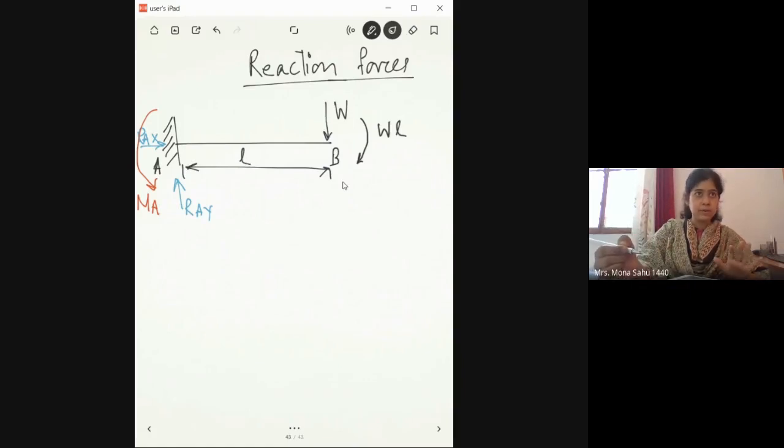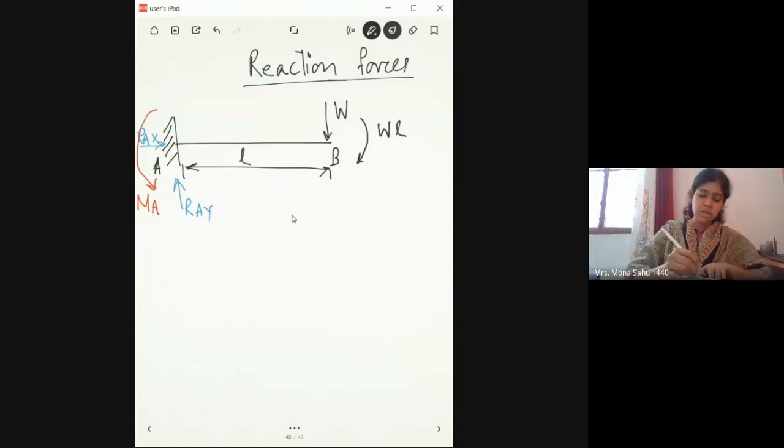Are you getting my point? So what are the forces and moments acting on a cantilever beam which has a fixed support and a point load at the end? The value of the point load is W. So you have W and a moment WL, and you have a reaction force R_AY, a reaction force R_AX, and a reaction moment.